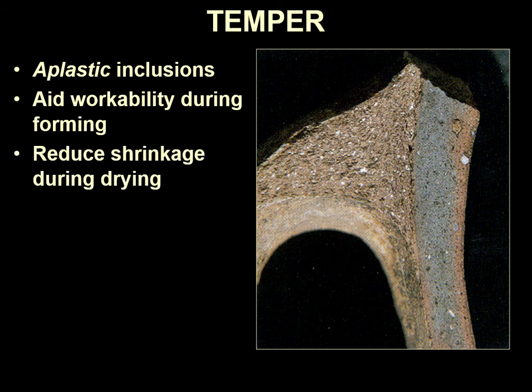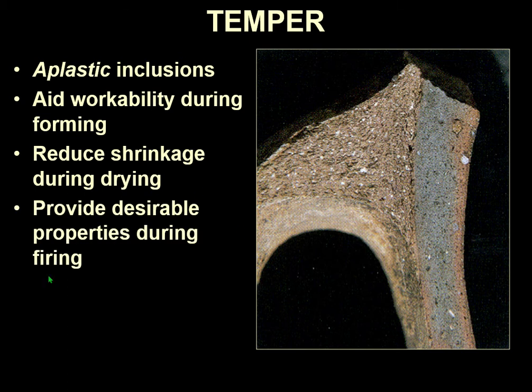They reduce the shrinkage during the drying, before you fire it, and you make the pot and you put it aside and let it dry. When it dries, if there's a lot of plastic material in it, it will shrink a lot, and that might be problematic.